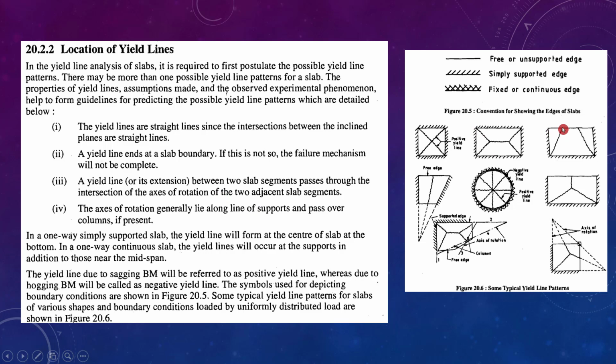Here you can see it is to a free end and this is to the simply supported edge. So the yield line ends at a slab boundary. If it is not so, the failure mechanism will not be complete.